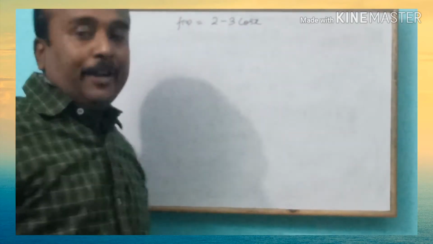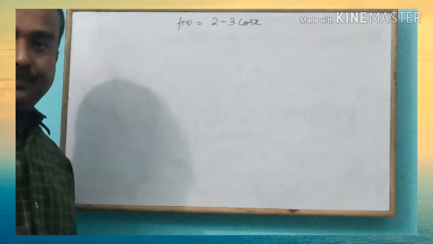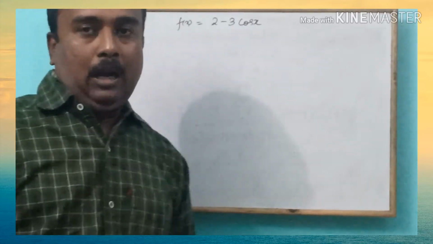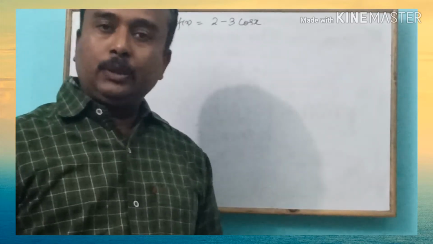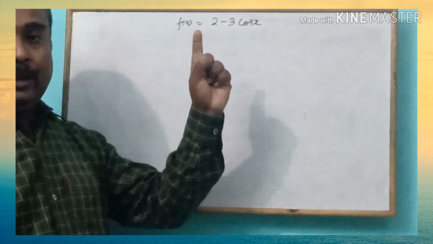Let us see this trigonometric function. y is f(x) is equal to 2 minus 3 cos x. We have to find the domain and range. We know cos x values lie between minus 1 to plus 1.